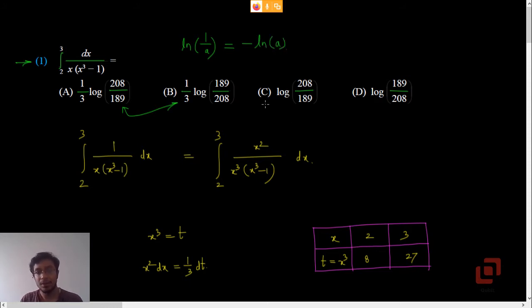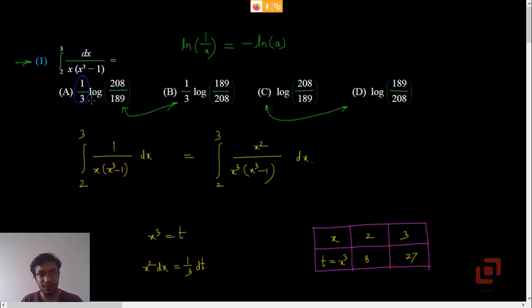Then option C: log of 208 upon 189, D: log of 189 upon 208. So again options C and D are reciprocals of each other, and it is the factor 1 upon 3 that distinguishes the pair of options A and B from the pair of options C and D.